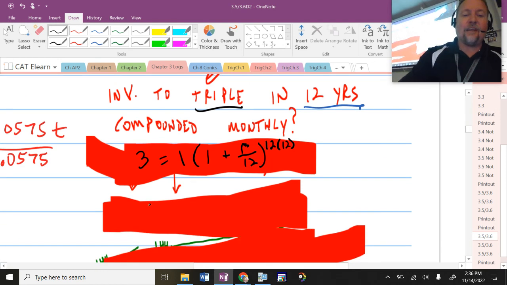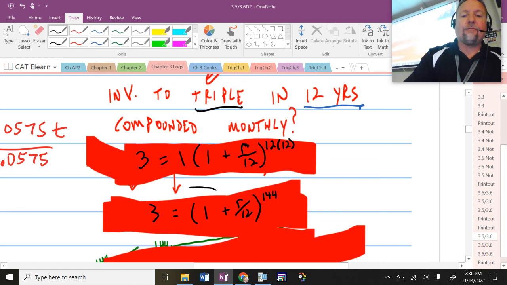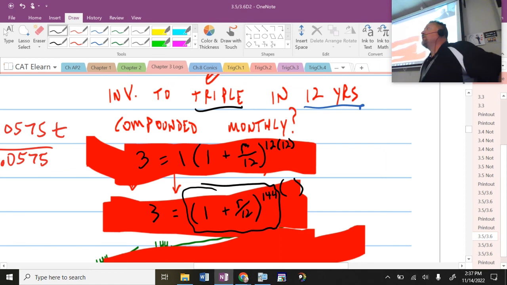So I get 3 equals 1 plus r over 12 raised to the 144th power. How do I free this r? What could I raise this side to so that power goes away? 1 over 144th power.